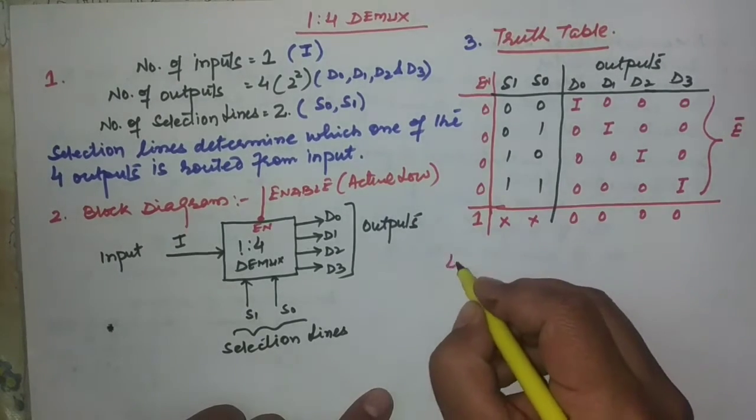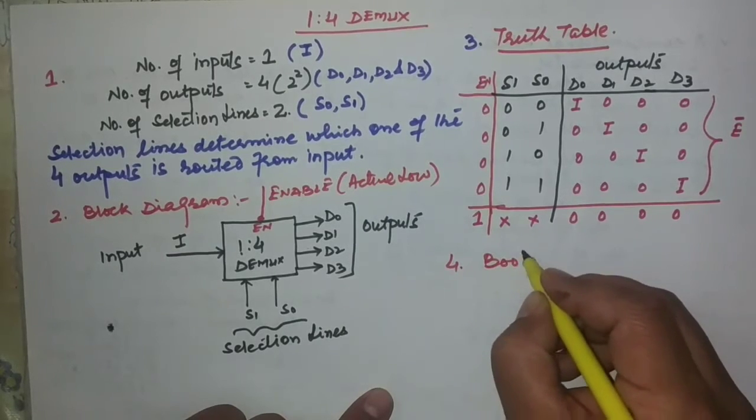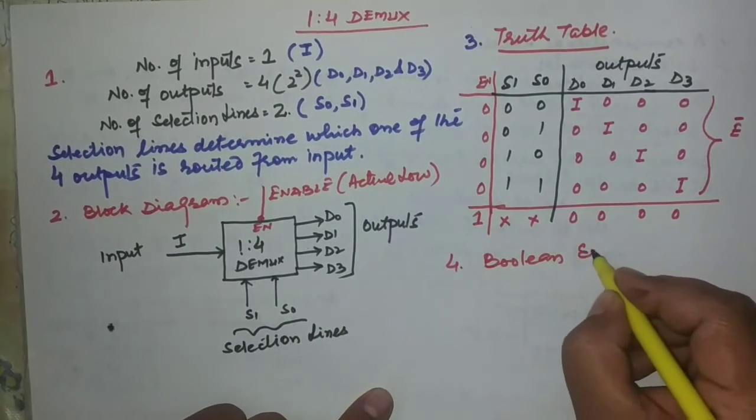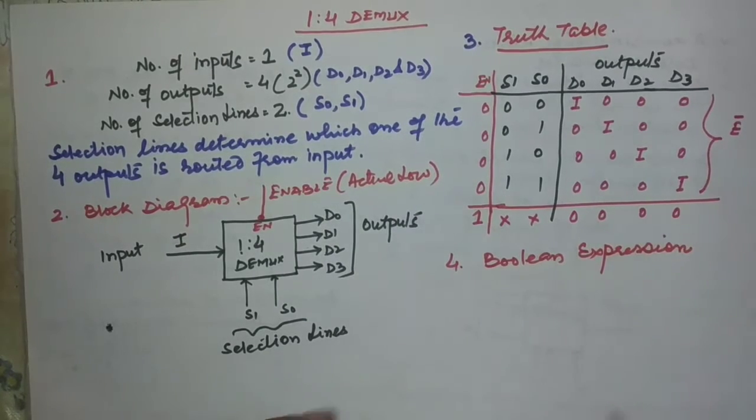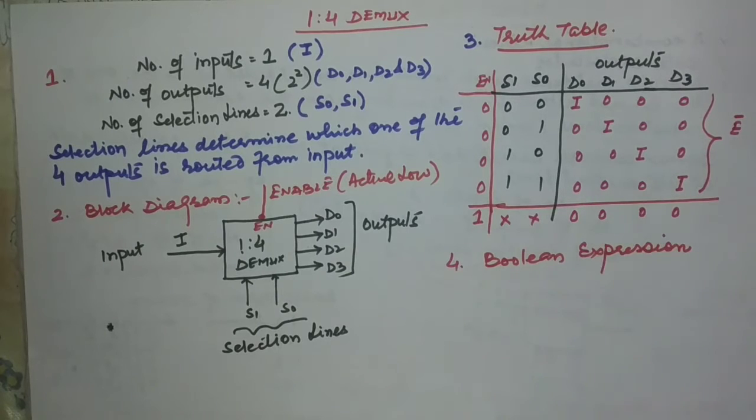And the fourth point, we should know about the Boolean or logic expression, which we derive by making use of this truth table.